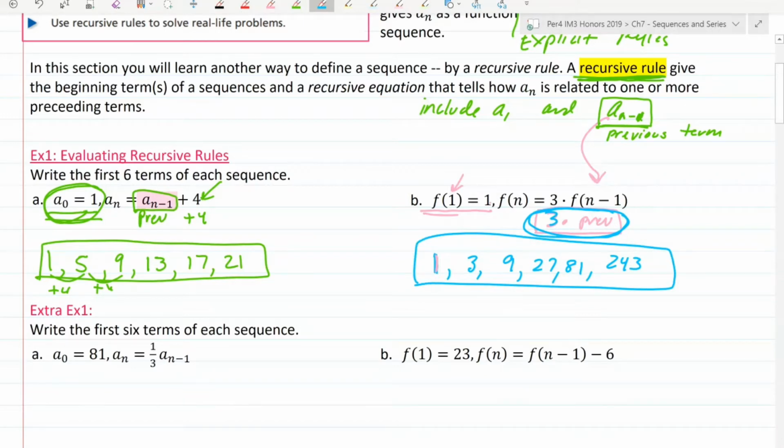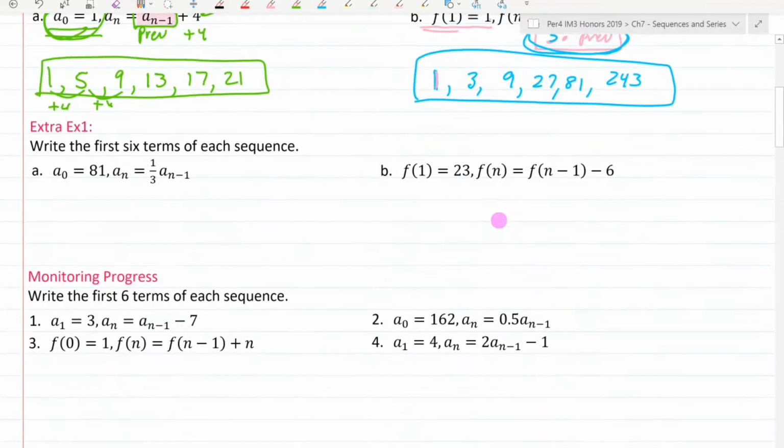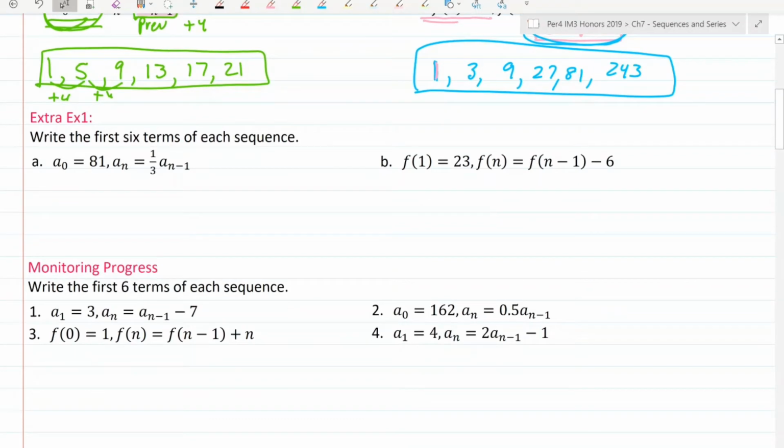Go ahead and try the next 2. Pause the video and see if you can come up with the answers on those. All right, so again, this is where I start. And then this is 1/3 times the previous term. So I'm going to start at 81. If I'm multiplying by 1/3, really what you're doing is dividing by 3.